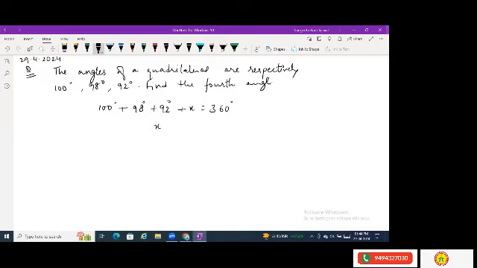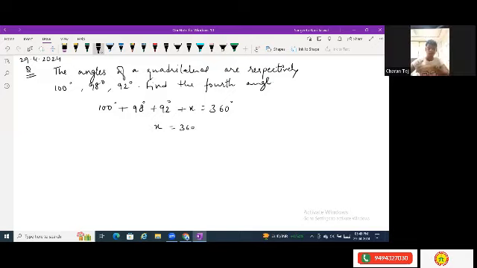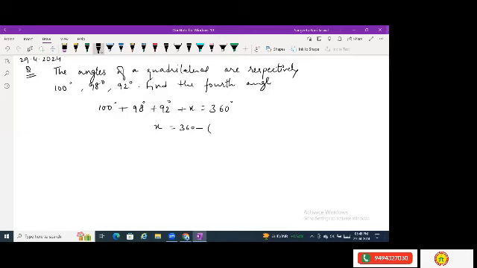So x will be equal to 360 minus all these angles: minus 100 plus 98 plus 92. So this will be 360 minus 290. So that's 70 degrees. So the fourth angle is 70 degrees, okay?